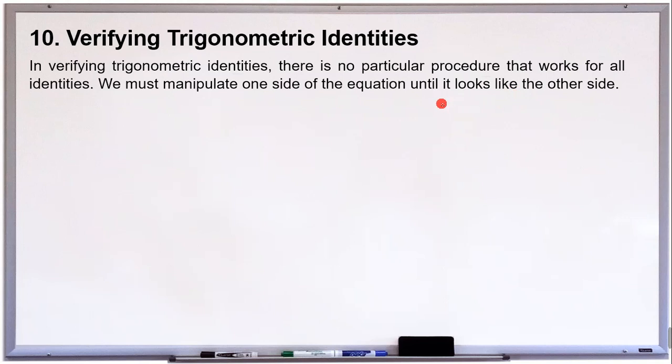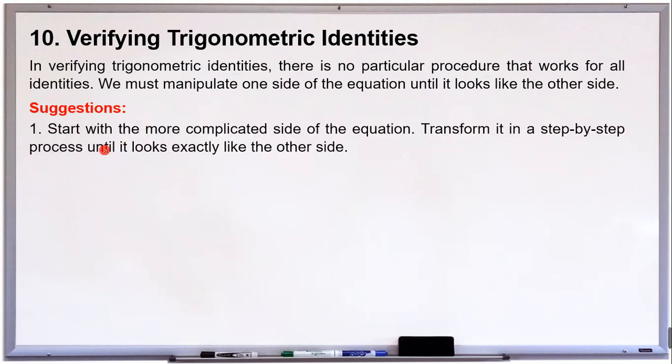Depending on the given identity, you can manipulate either the left, leaving the right, or manipulate the right, leaving the left. It depends, because in some cases the left side is more complex than the right side, or otherwise.